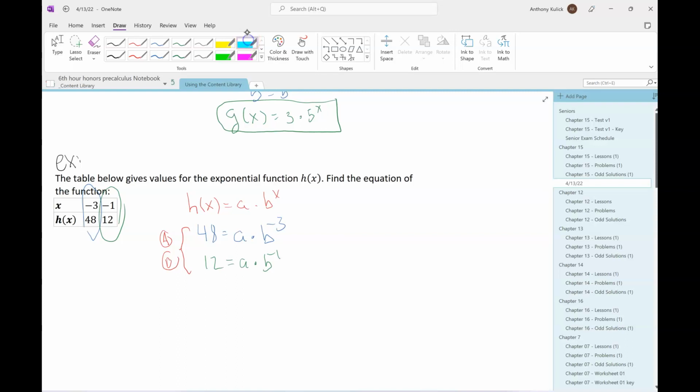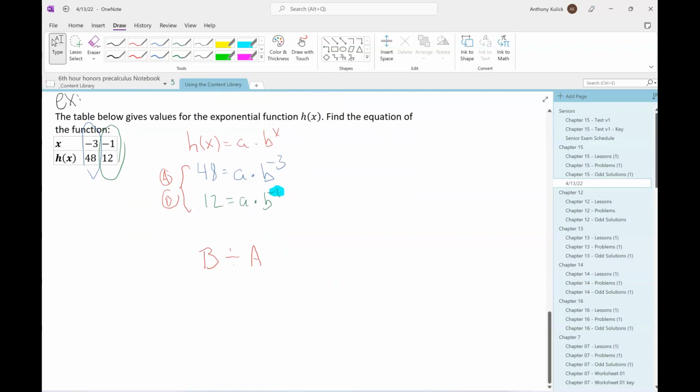Usually I like to make the equation whose exponent is bigger the numerator of my division problem because it makes the solving a little bit simpler later on. But it's still possible if you do it the reverse. It just makes a little extra work for you. In doing it this way, we'll have fewer fractions to deal with.